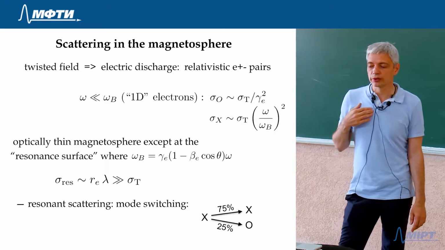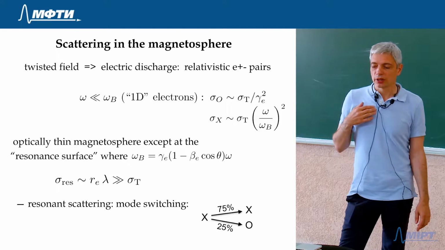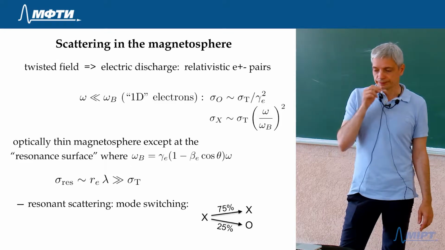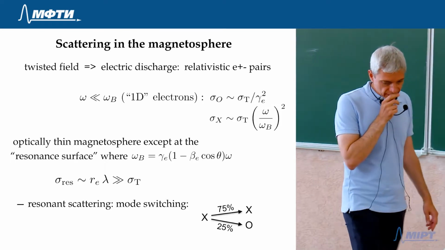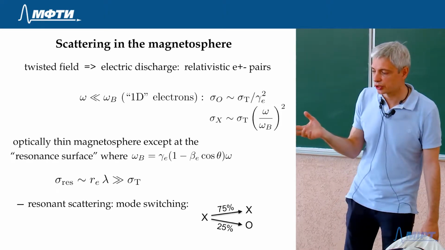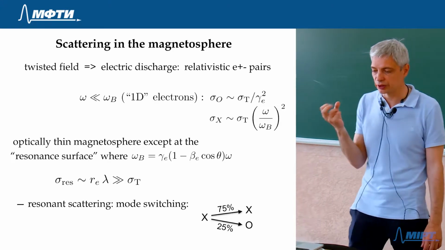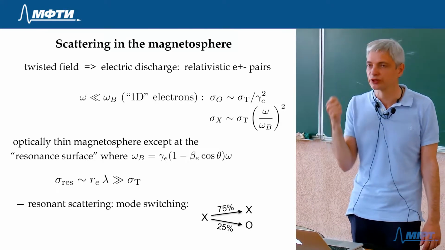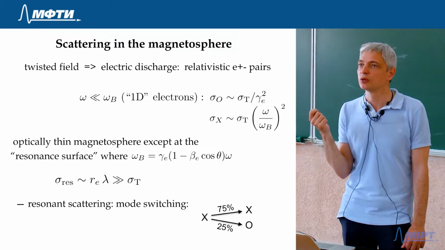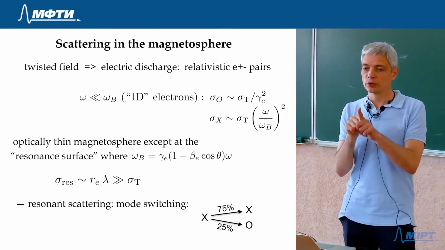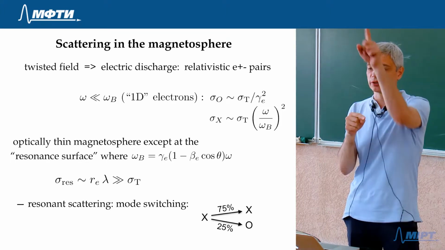Now, I just told you that the O mode and X mode have these cross-sections. It turns out that these spontaneous cross-sections are not so big that they can significantly affect the transfer of photons. But there is another process, resonance scattering, which does affect it and has significant probability to happen on the way out between the surface of the star and infinity.